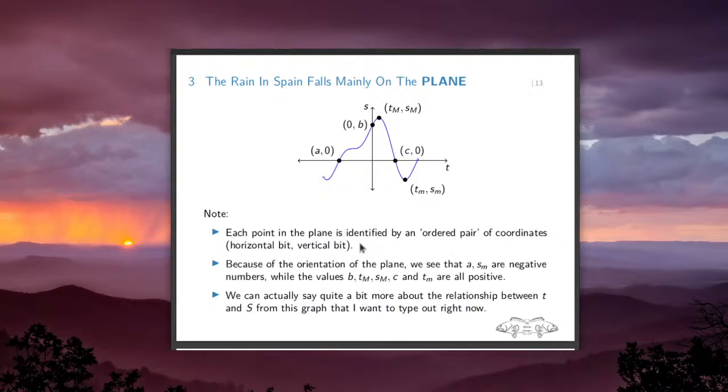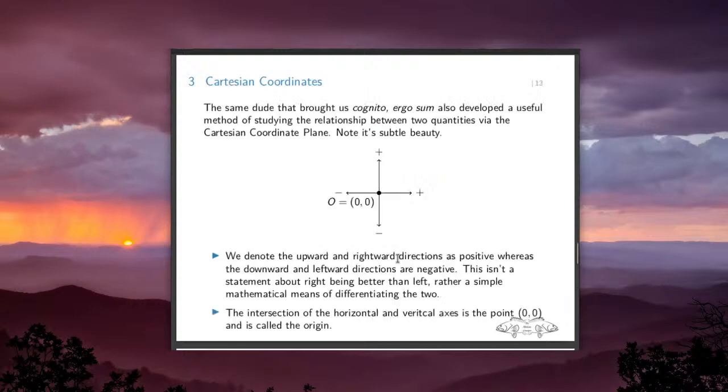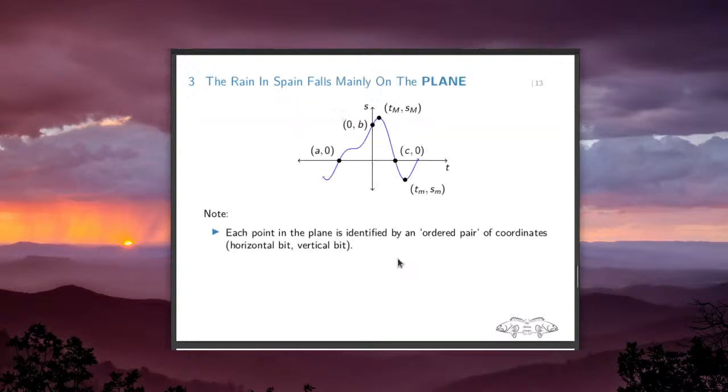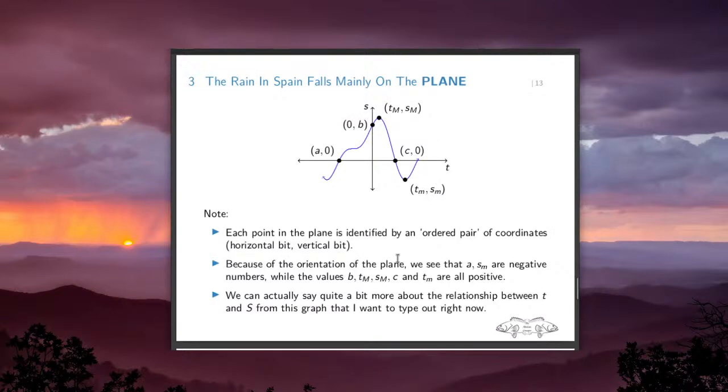And so if we think back to, let's go back real quick, to our orientation of the plane, right? Stuff that's above or to the right is positive. Stuff that's down or to the left is negative. So if we look at, for example, we see that because a, which is the horizontal coordinate, is to the left of the origin, a has to be less than 0, right? It's negative because 0 is here, and if we move to the left from 0, that means we're going in the negative direction. So a has to be negative.